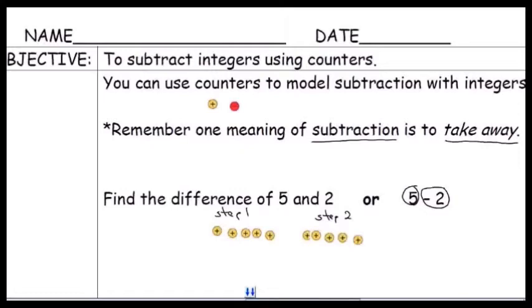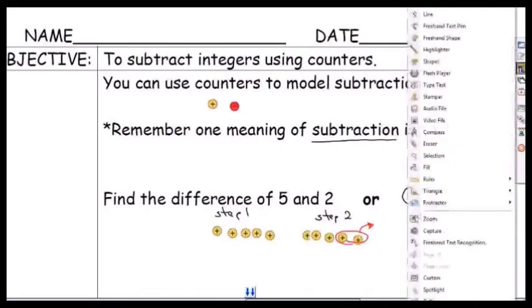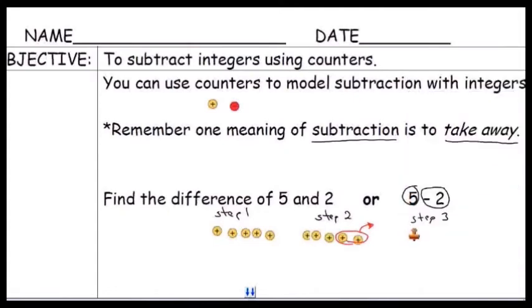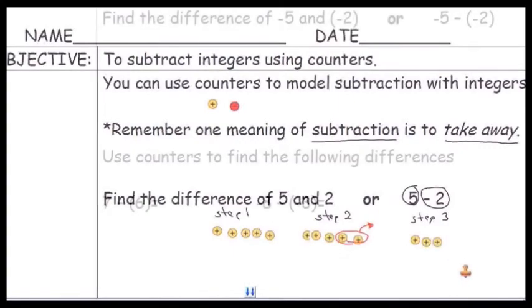I'm going to grab that red color, grab these two right here, and put an arrow to the outside showing that these 2 counters are being taken away. That's step 2. And finally step 3 is just showing what's left. Because we've taken 2 away, all we have left is 3 positives. So step 3 is my answer.